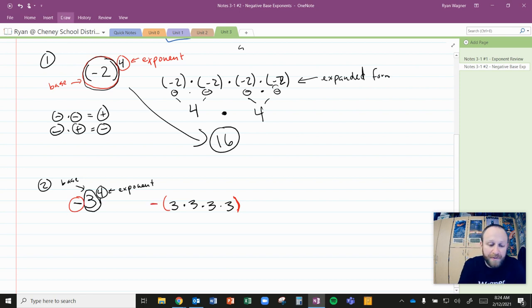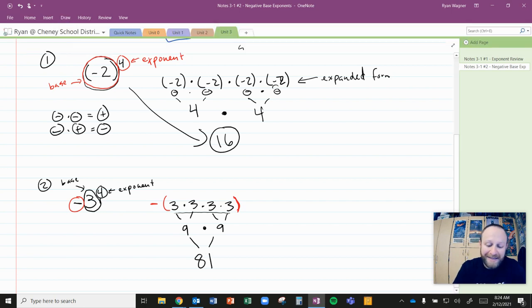So we have to solve or simplify the 3 times 3 times 3 times 3 first, and then we attach the negative to whatever we get. So let's do that right now. 3 times 3 is 9. 3 times 3 is 9. 9 times 9 gives us 81.